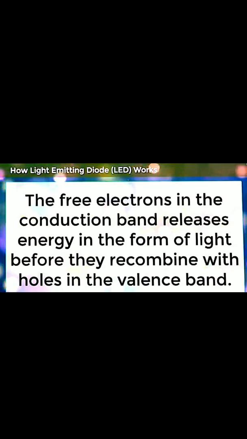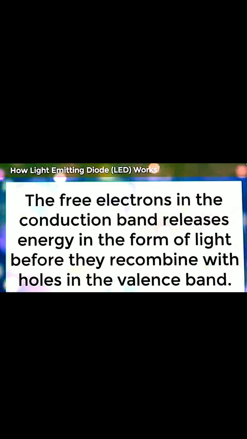Before they recombine, they will emit some energy, because when free electrons jump from the valence band to the conduction band, this free electron in the conduction band releases energy in the form of light before it recombines with the holes in the valence band.